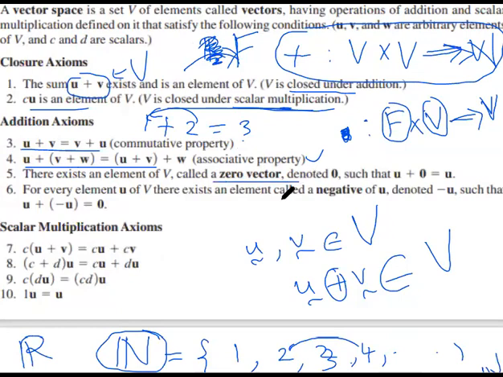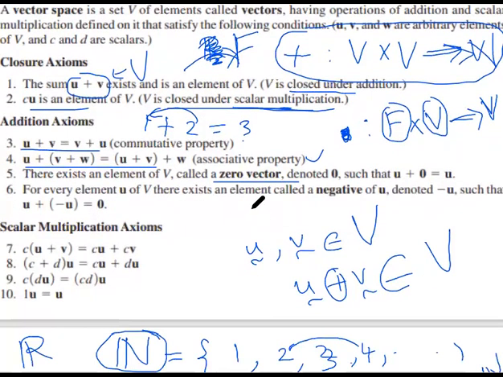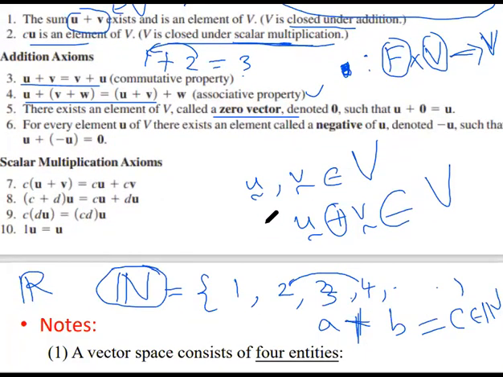And zero element. You have to check whether there exists a zero element. That means there exists an element in V such that if you perform addition with any other element, you get the same one.